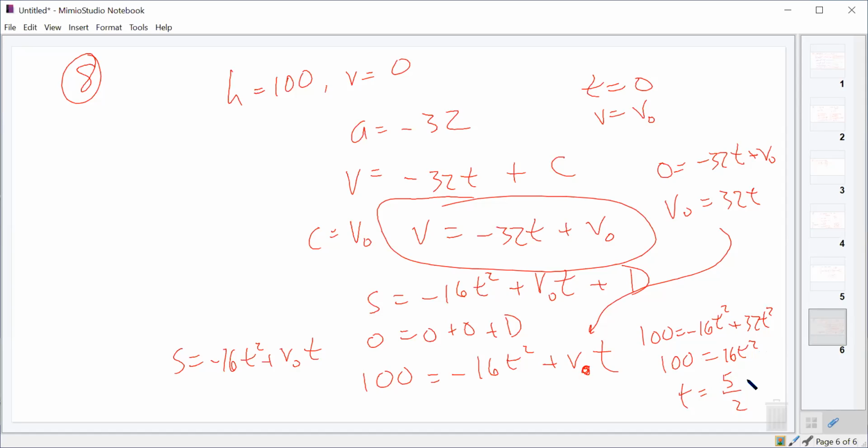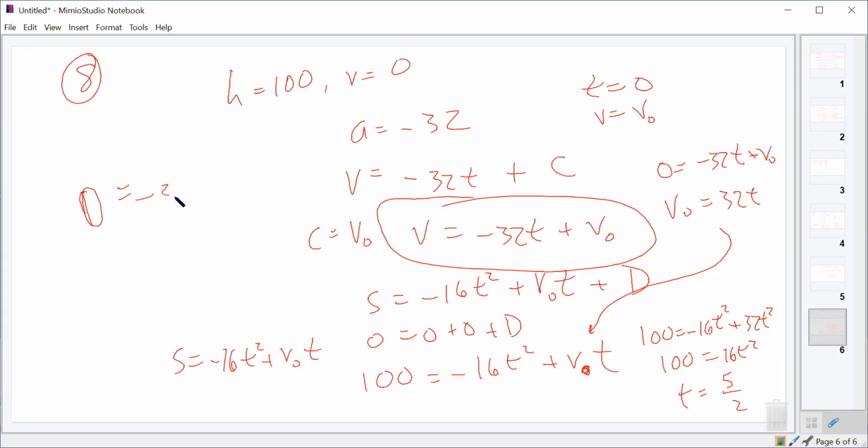And so if we want to know what the initial velocity is, then all we have to do is plug that back into our initial equation, right? And what was our initial, that's what we're looking for, right? We're talking about a velocity of 0, and so we'll just plug it in.